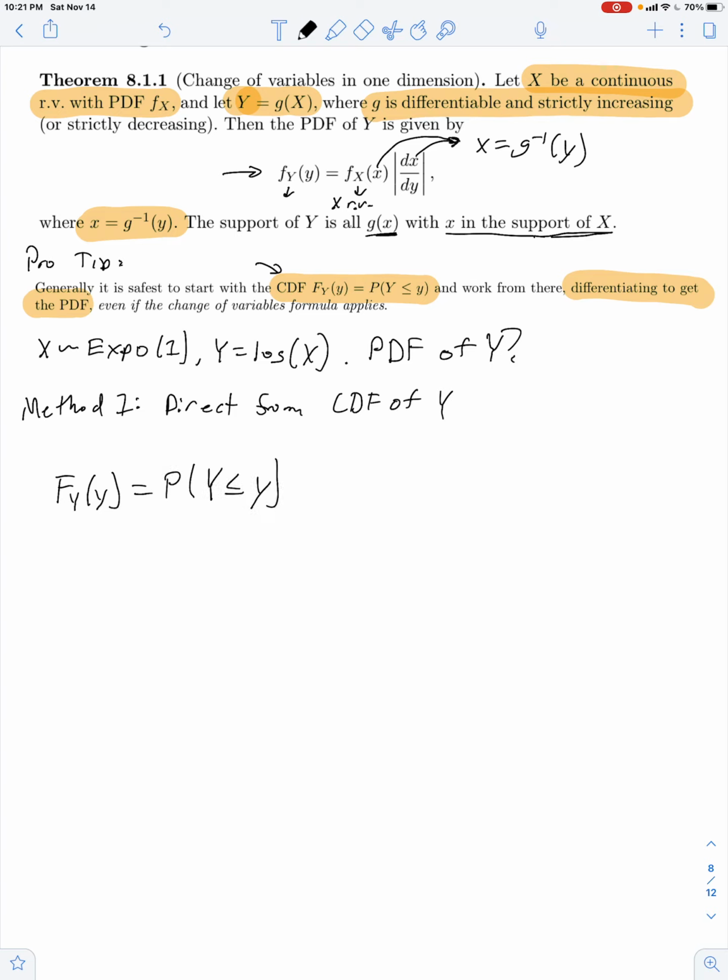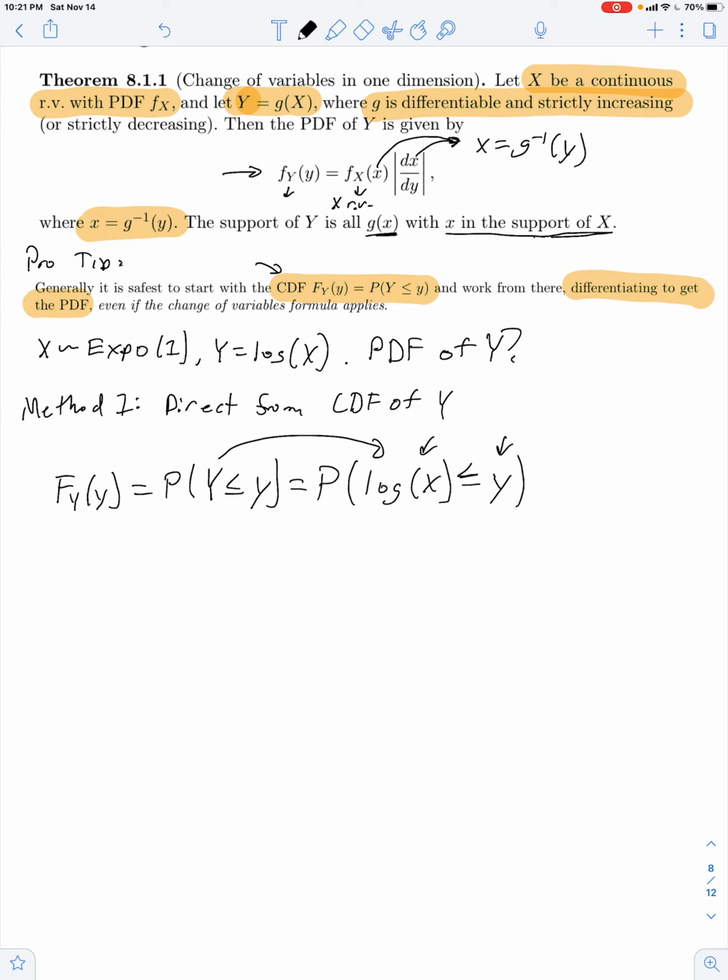So if I just write down the CDF of Y, I can get the CDF of X just by writing down things that I know about Y. For example, I know that Y is equal to log of X, so I just replace Y with log of X. Then I can apply functions to both sides of this inequality, so why don't I just take e to both sides?